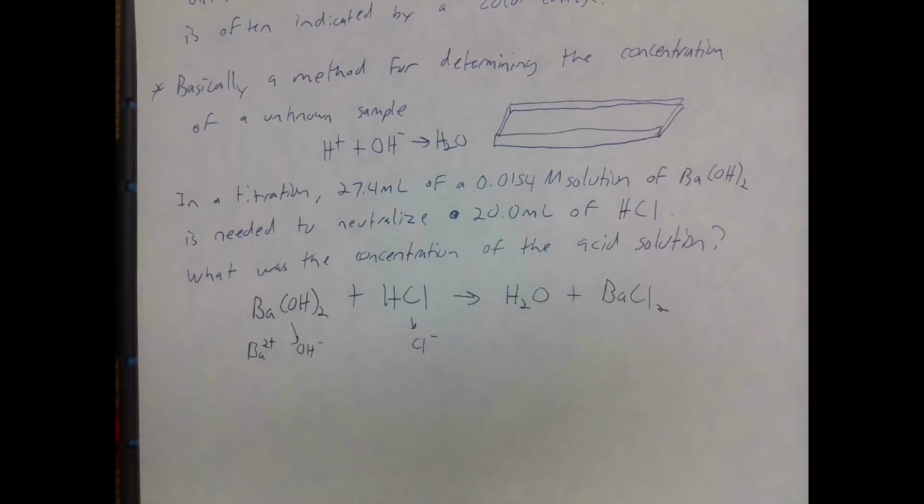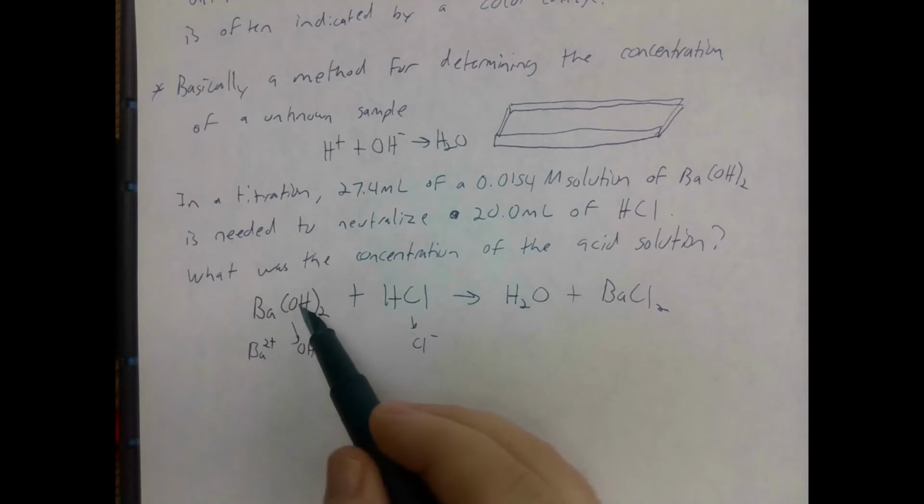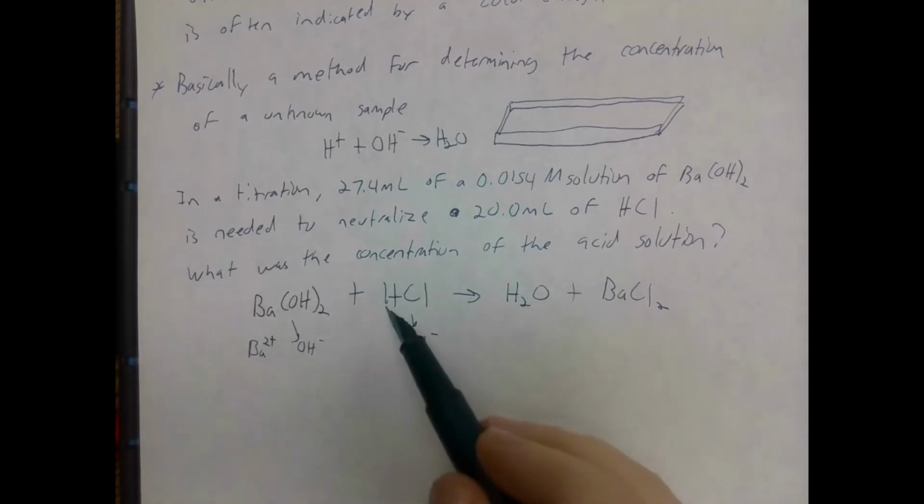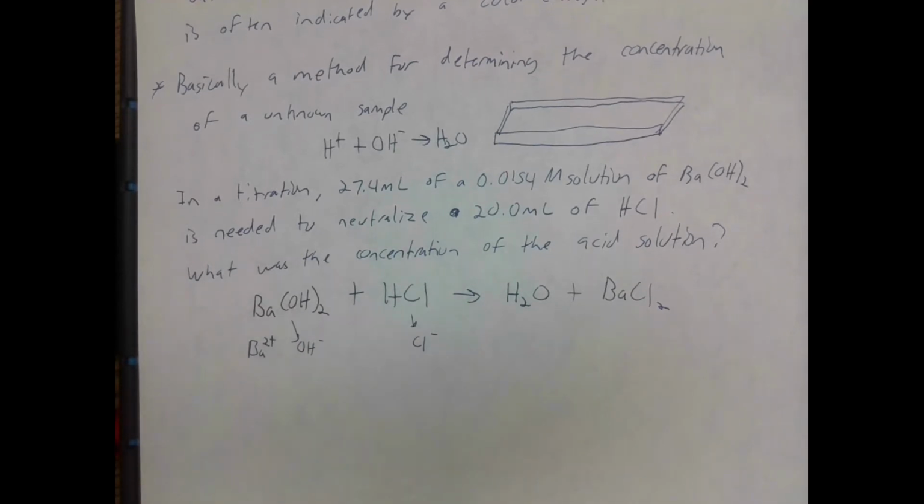Now we balance. What is the correct? So we have 2 oxygens, 2 hydrogens. We also have a hydrogen here. So where do you want to start?